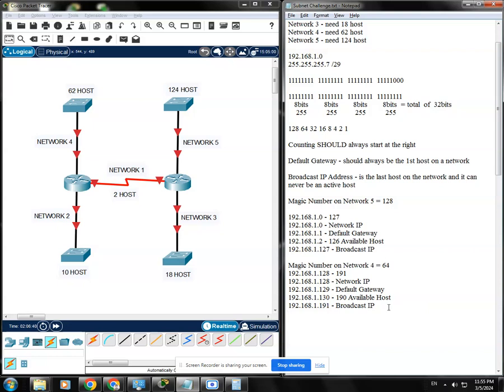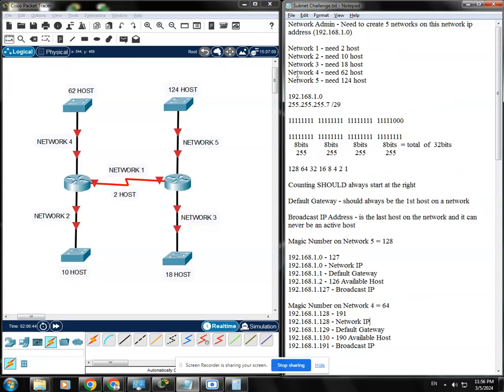So let's do another recap on this one. On this network 4, we need to create 62 hosts, but since the network admin did not specify if the network IP and broadcast IP are already included in the 62, then to be safe, we added an additional 2.